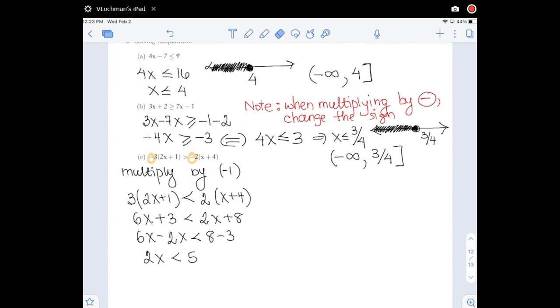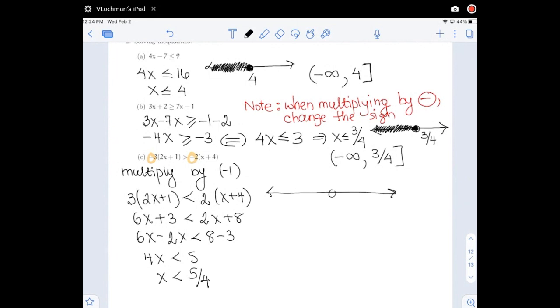So this would be what? Let me see. 4x, 5 here. Is that right? That looks good. Okay, so x is less than 5/4.